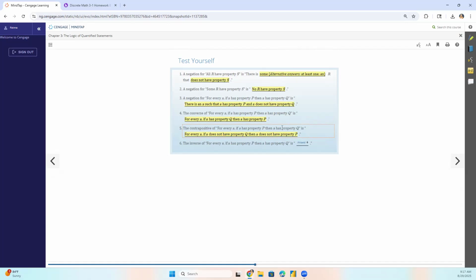For the contrapositive, for the same sentence, we write: for every X, if X doesn't have property Q, then X doesn't have property P. And for the inverse, we say: for every X, if X doesn't have property P, then X doesn't have property Q. And this is a summary of 3.2.